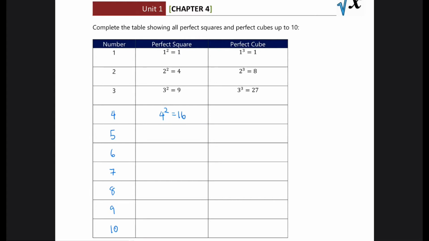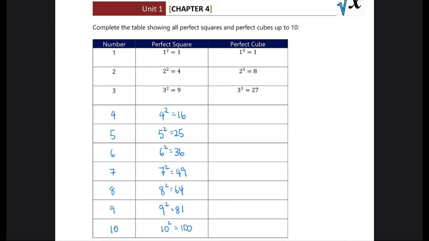And so on like that. 5 squared equals 25. 6 squared equals 36. 7 squared equals 49. 8 squared equals 64. 9 squared equals 81. And lastly, 10 squared equals 100.